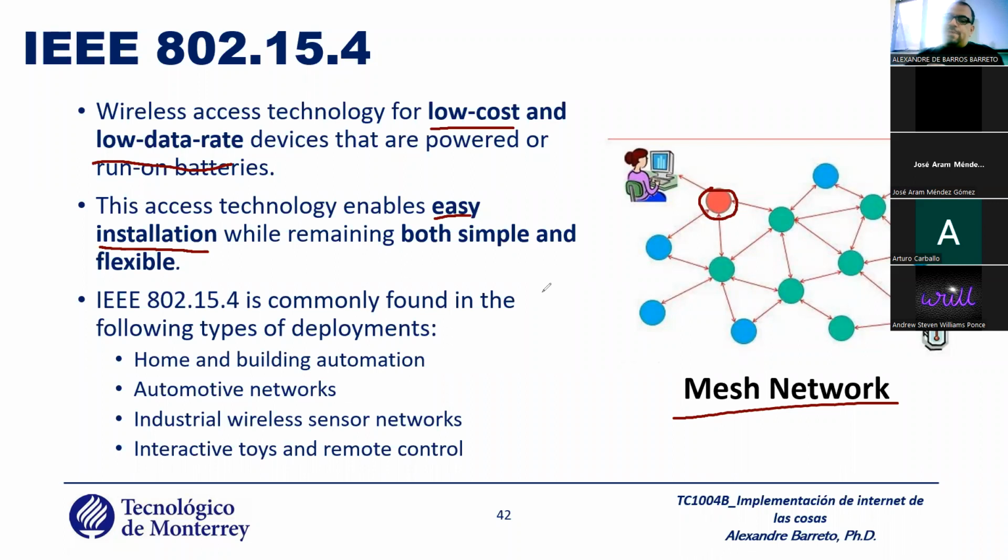You turn on the equipment, and the equipment auto configures and auto joins the network, like a turnkey. It makes this technology very simple and flexible. It's a good approach for home and building automation, automotive networks, industrial wireless networks, and toys like games, remote controls, and others.